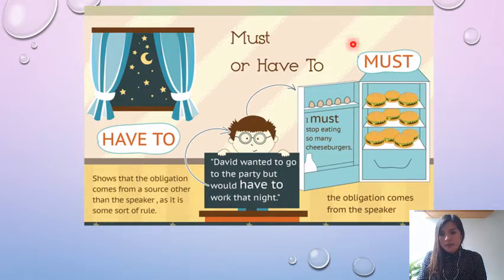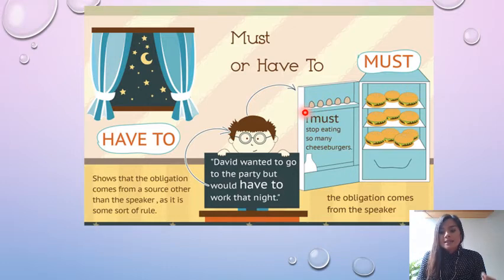Must becomes mustn't in negative sentences, while have to, it is for affirmative sentences, but in negative sentences is don't have to. Eso sí es en presente, ¿ok? En presente, el have to se convierte a don't have to, pero si es en pasado, por ejemplo, tendría que ser didn't have to. Aunque en esta unidad nos vamos a enfocar en lo que es presente. Entonces, have to en afirmativo, don't have to en negativo.